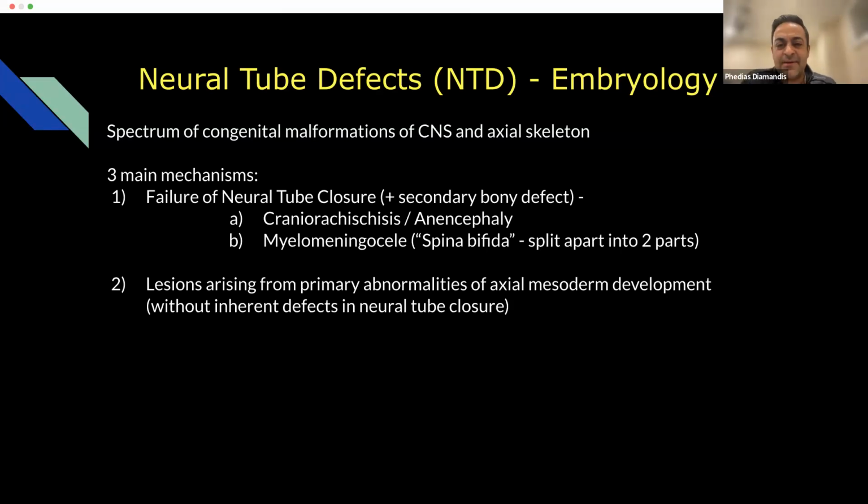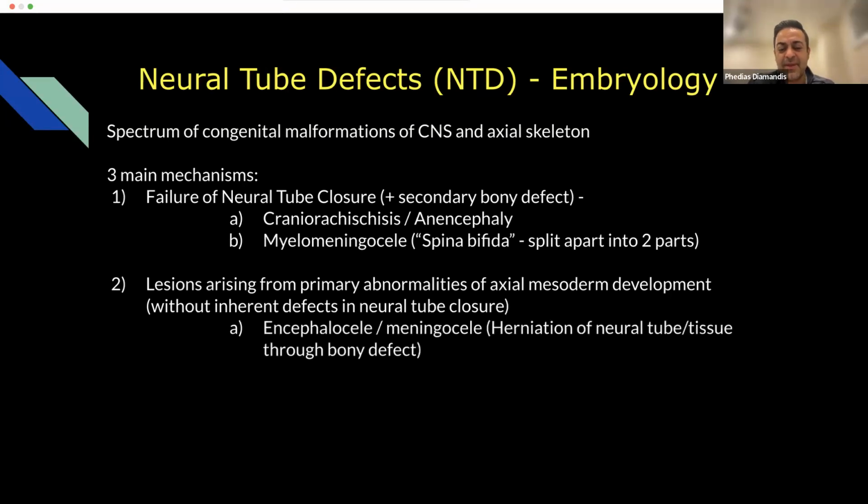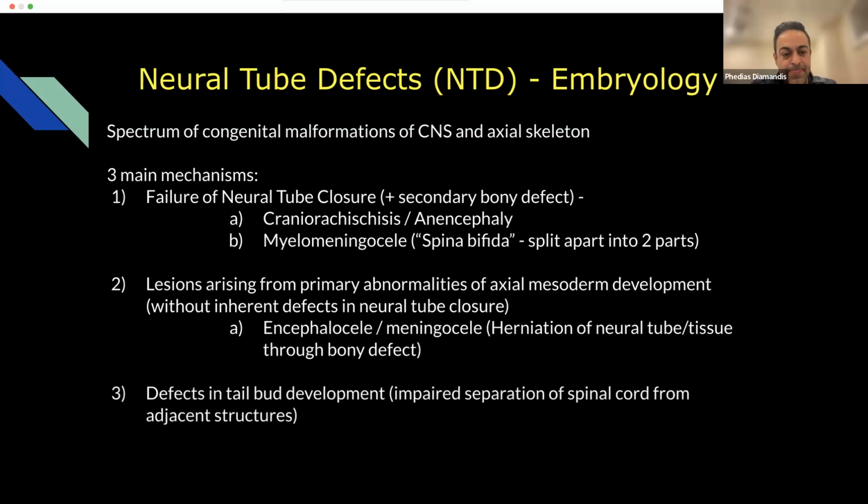These have a spectrum of severity based on how affected the brain is by these defects. The main ones are encephaloceles, where the defect occurs in the brain, and meningocele, where the defect can occur really anywhere. It can occur in the spine, but also in the skull, depending on what's herniating through the bony defect. And then the third group of disorders are called defects in tail bud development.